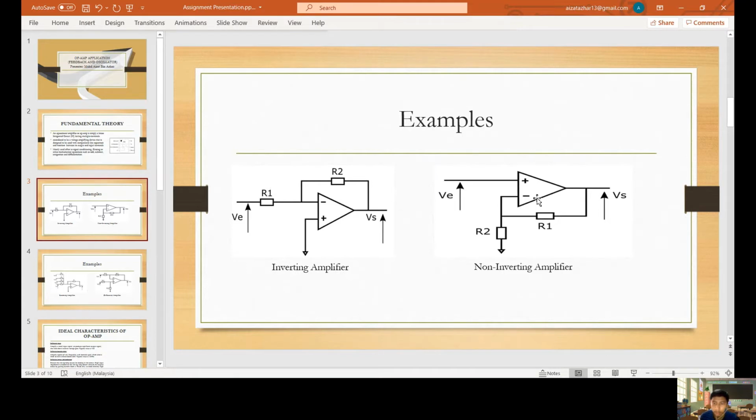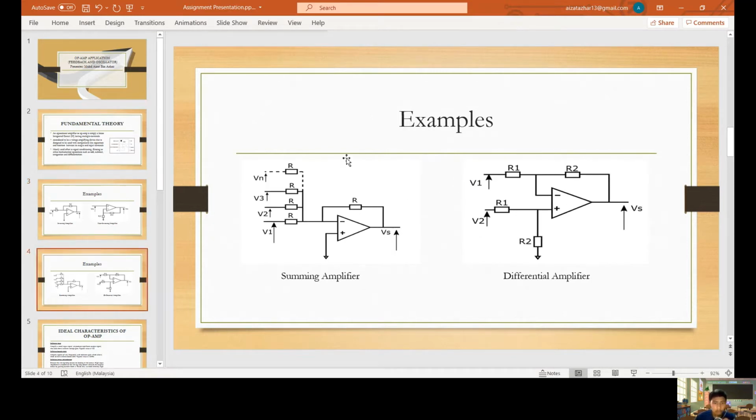While for the non-inverting amplifier, the inverting input is connected to the ground, while the non-inverting input is connected to the input terminal.